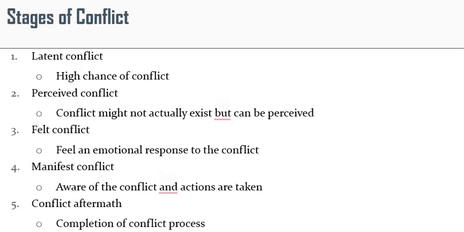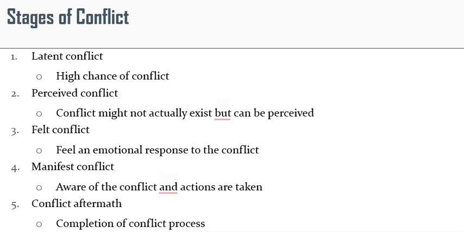An example of this is the nurse manager and nurses on a unit agree that the current scheduling system is causing a conflict and agree to work together to come up with a solution.